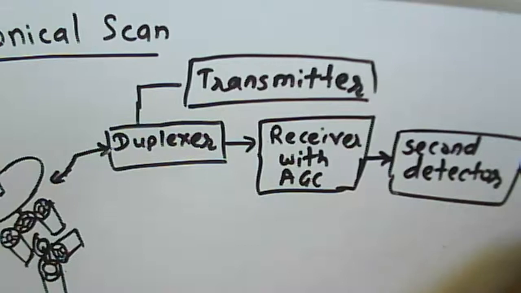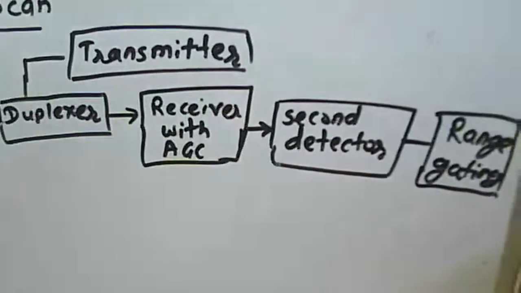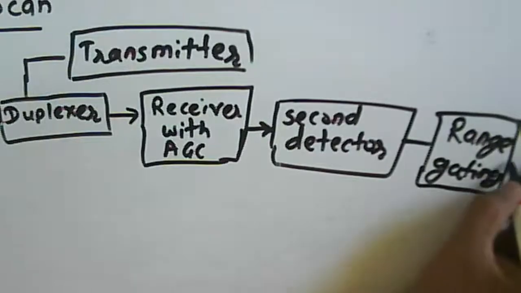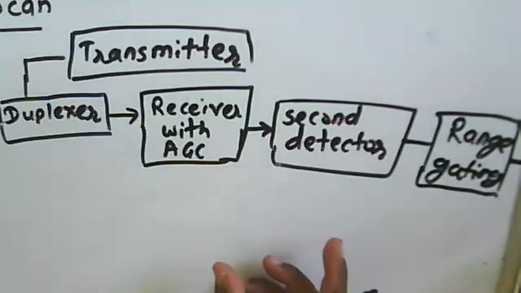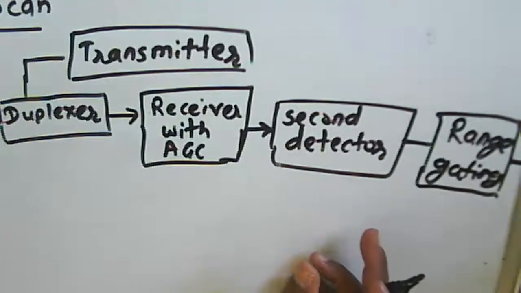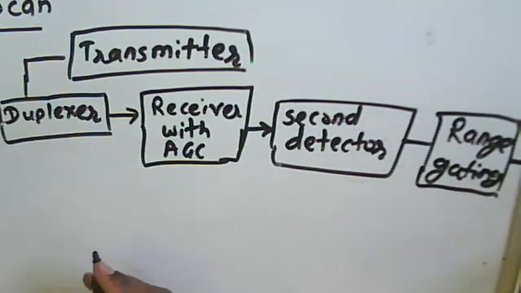Then a range gating, which is useful for extending the pulses. That's about the range gating here.